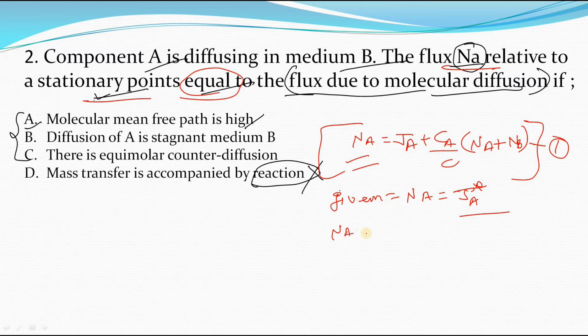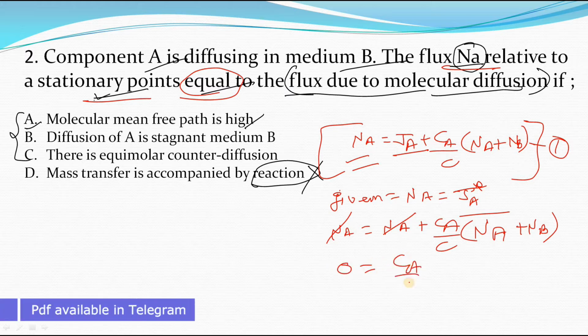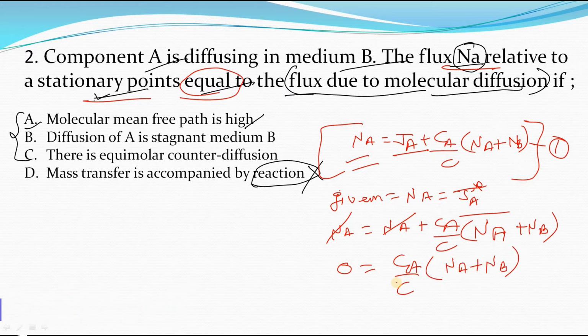The result will be Na equal to Ja, and it will also become Na plus Ca by C times Na plus Nb, right? Then it will cancel out, and here Ca by C, Na plus Nb. Now when this term goes there, it will also become 0, only this term remains, right?